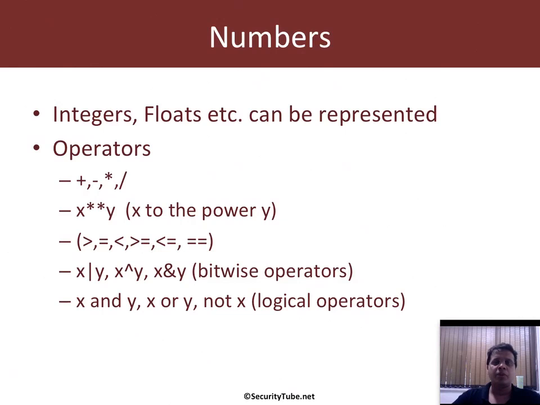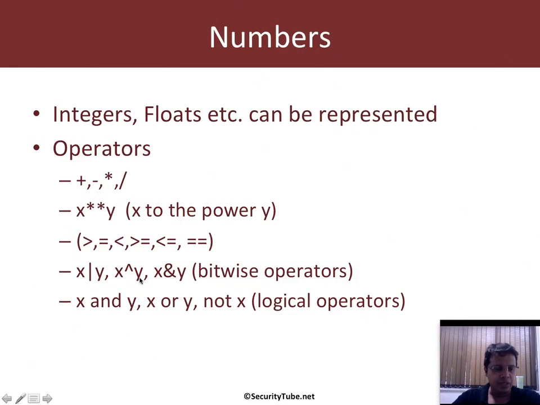Numbers are something probably very simple to get a grasp of. Just like other programming languages, Python has integers, floats, and a bunch of other things. We will take up specific types of numbers as and when required during the class in different modules. As far as operators are concerned, you have the usual suspects: plus, minus, multiply, divide, x to the power of y, greater than, equal to, less than, ton of other things, and of course your bitwise operators, right?